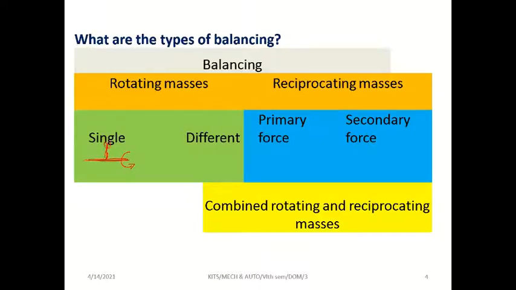To balance it, I have to add a mass on the opposite side. But both the masses are lying in the same plane, a single plane. Otherwise one mass will be like this, and another mass will be like this. So I have to add one more mass to balance this.